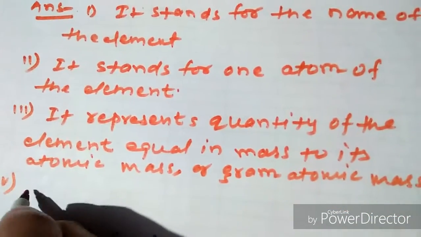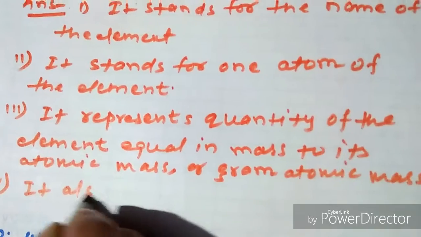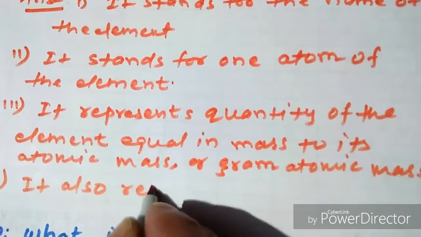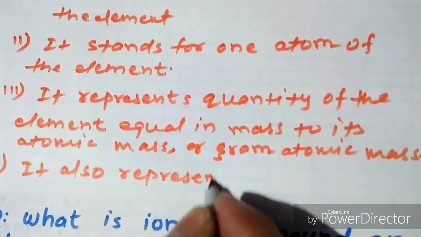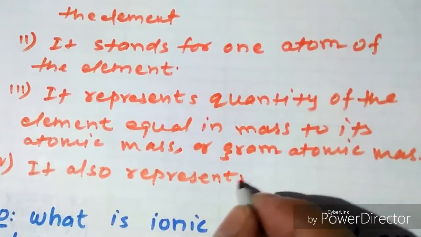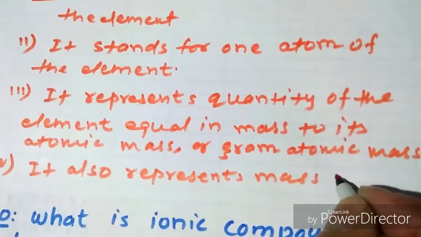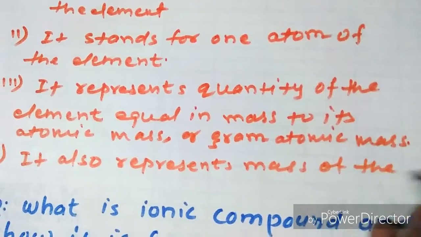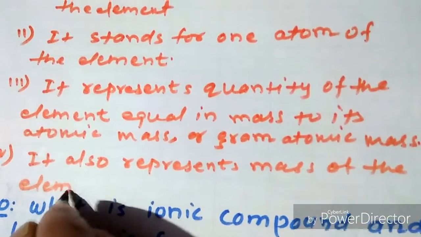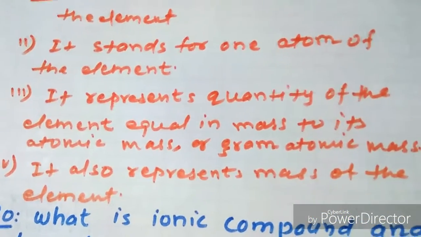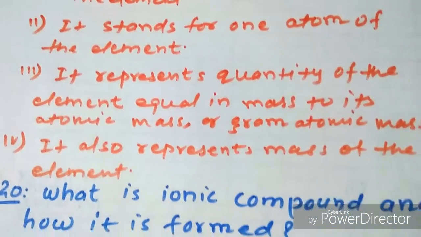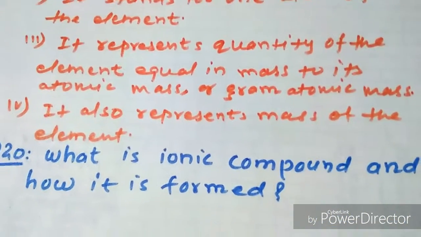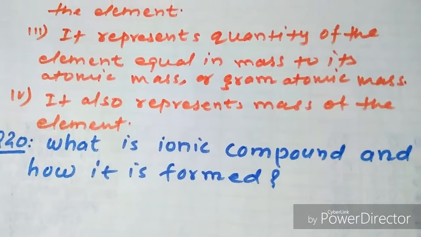And number 4, it also represents the mass of the element. So this is the significance of the symbol. What does the symbol mean? We can understand by these 4 points.